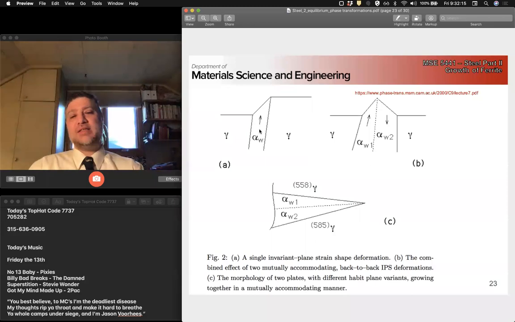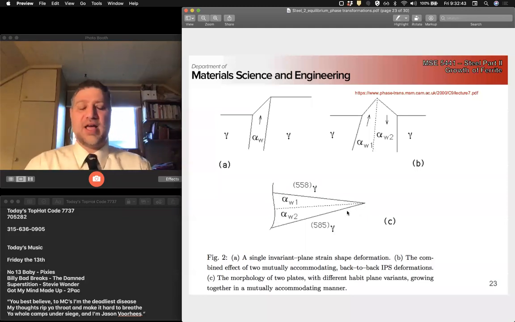So what happens in that case is, in order to minimize the energy in the overall displacement, we get two variants, crystallographic variants of this Widmanstätten ferrite that form where their shears are in opposite directions, so they cancel each other out. They grow as like this wedge, this sandwich wedge structure, so that when you average the shears together over both of these plates, it works out to be zero, right?